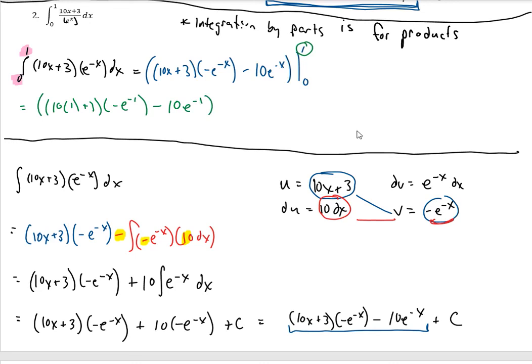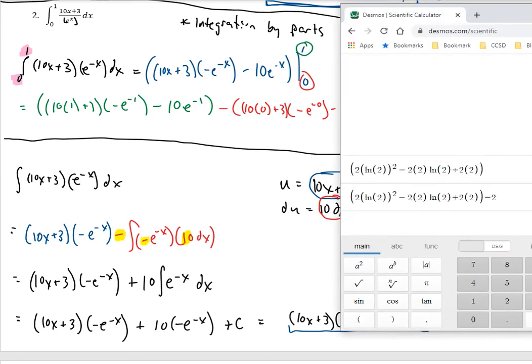And then the 0 is going to go in, minus 10 times 0 plus 3 times negative e to the negative 0 minus 10 times e to the negative 0. Okay, so I just copied exactly. And again, it's probably a calculator at this point with those e expressions.